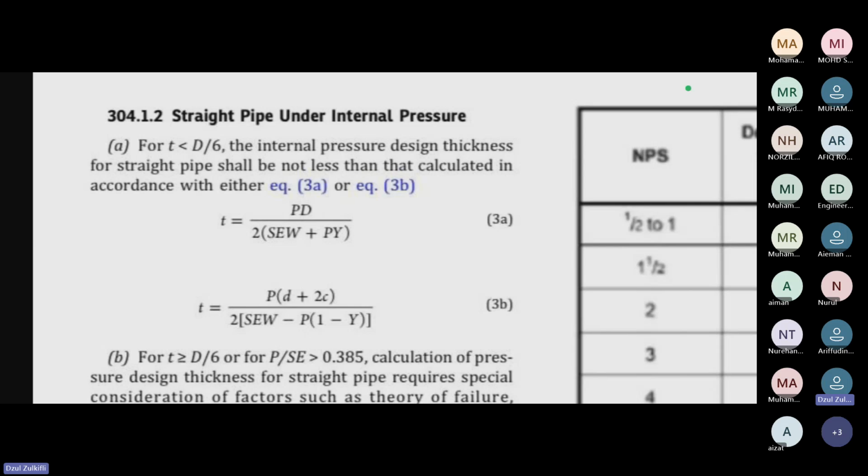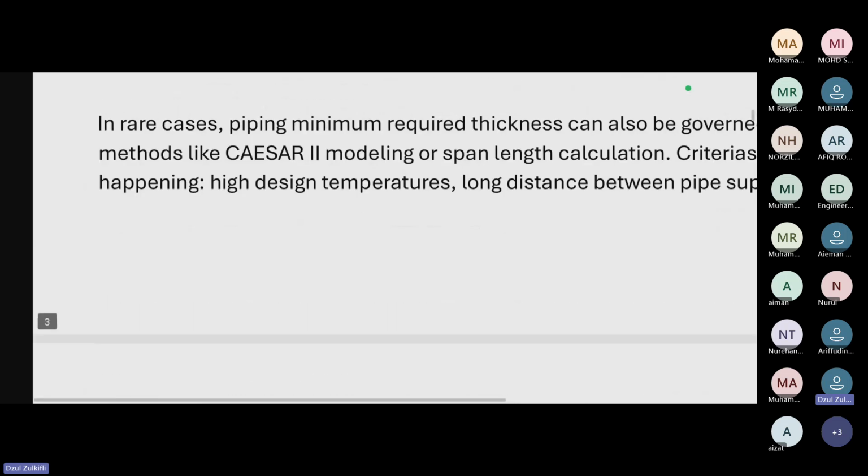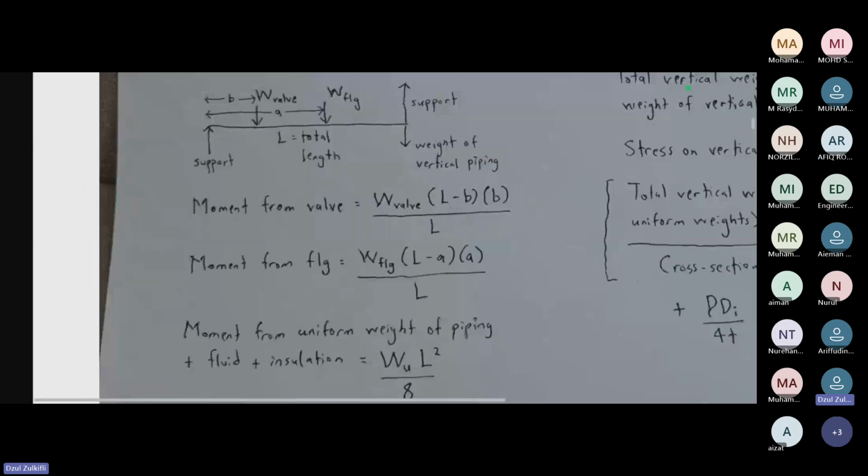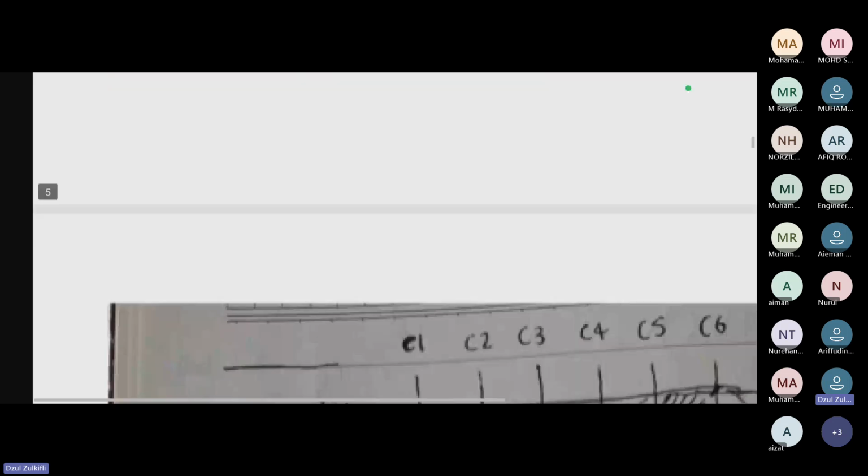This is not all of it, but this is the most common one, 95% of it. It covers the case. Alright, so once you factor all of those things in, and you confirm that you know your minimum required thickness for your component, then you have to do FFS. Okay, then you do FFS.